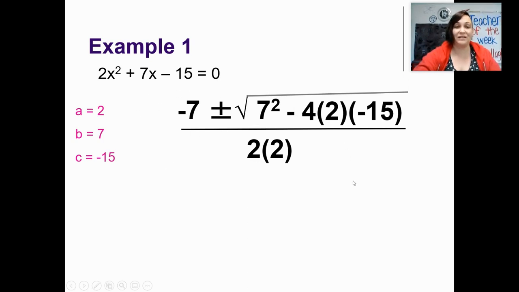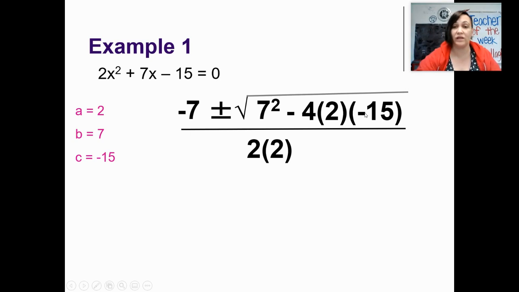On my next step, I'm going to do 3 separate pieces of math. So I am going to square the 7. I am going to multiply the 4, the 2, and the negative 15. Now that part gets a little bit tricky. So the 4 is being subtracted, and this 15 is also negative. Those 2 negative signs, the minus sign and the negative from the 15, are going to cancel out and become a positive.